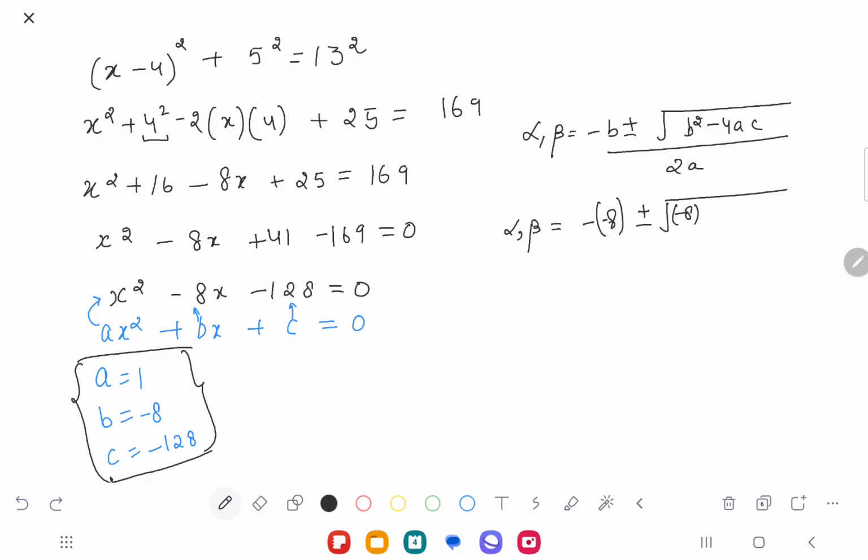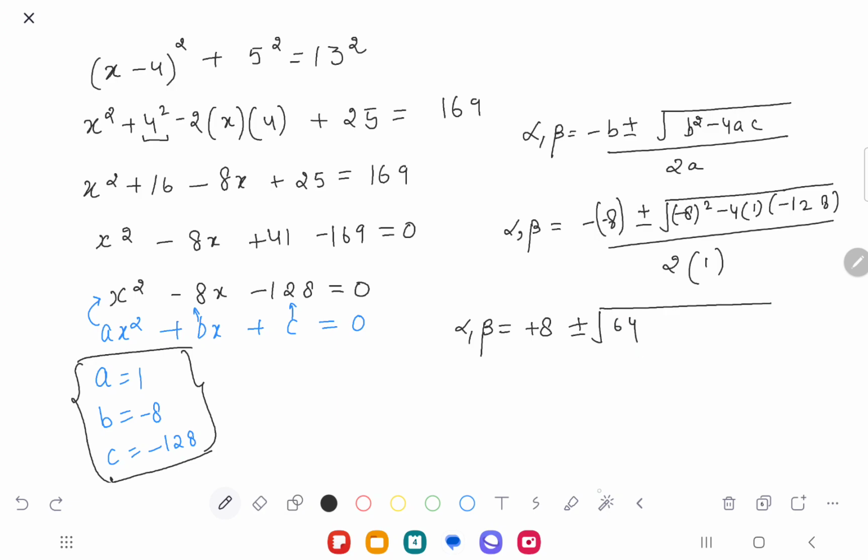So minus 8 square minus 4, a is 1 and c is minus 128, over 2a, a is 1. So alpha comma beta becomes plus 8 plus minus under root of 64.